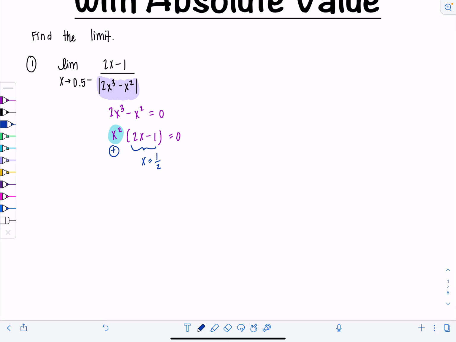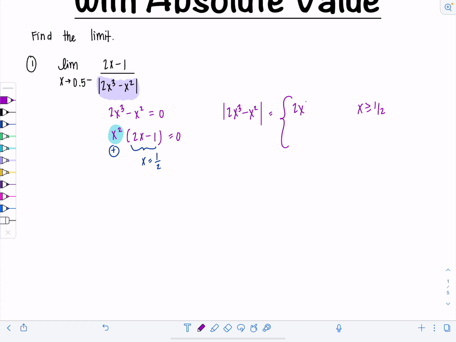So we can rewrite the absolute value of 2x cubed minus x squared as follows. For x values that are greater than or equal to 1/2, everything inside the absolute value bars will already be positive, so taking the absolute value does nothing.